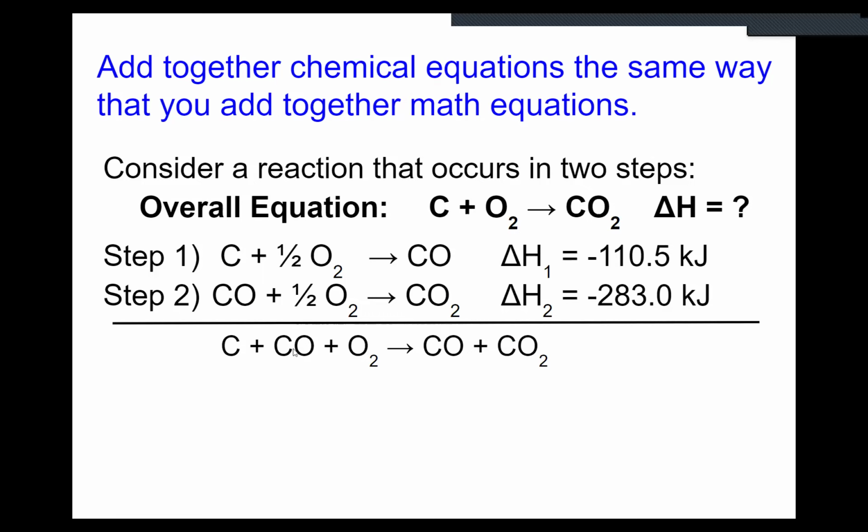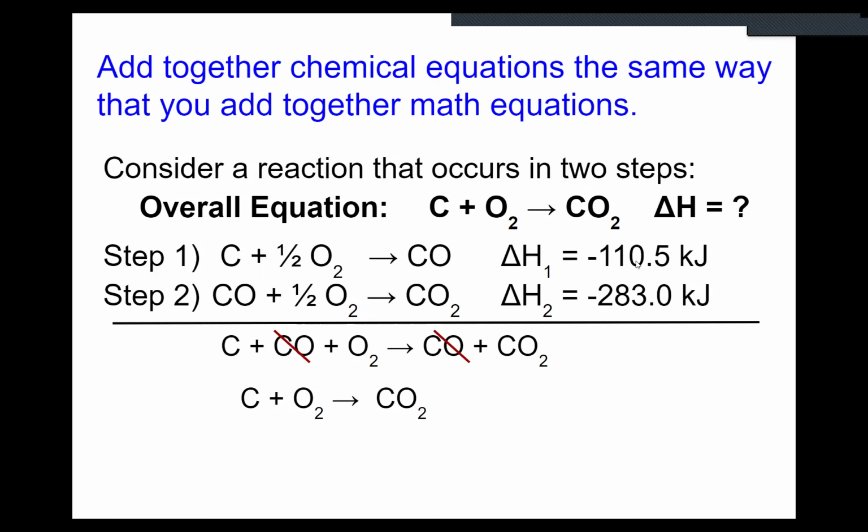If you have CO, carbon monoxide, on opposite sides of the arrow, it's as if they subtract. They can cancel out. So what we're left with, after canceling out the carbon monoxide, is carbon plus 1 mole of oxygen yields CO2. That's our overall equation. That was the equation whose delta H value we wanted to get.